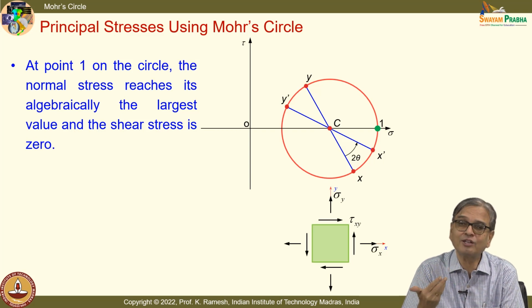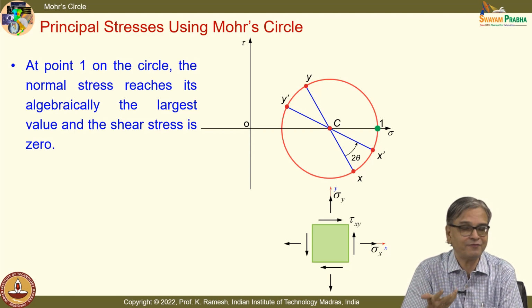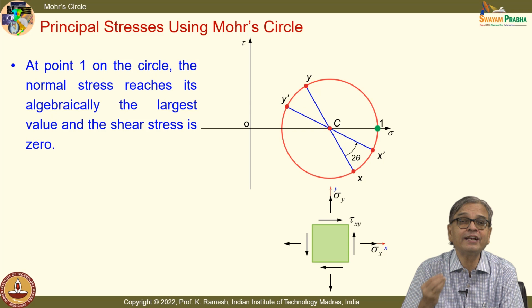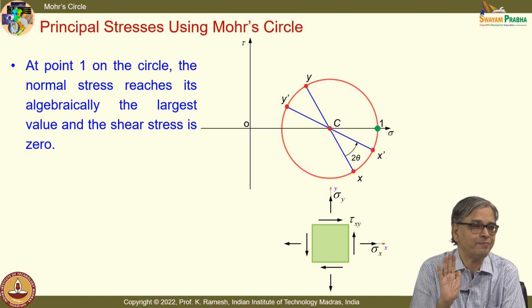So this is one of the quantities that you have to find out in a physical problem. The second aspect is, what is the magnitude of the stress? I need to know the magnitude and the orientation of the principal plane. All that can be easily gathered from the Mohr circle.